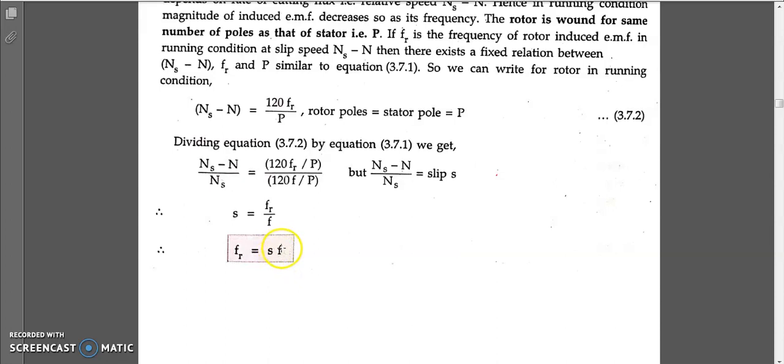Okay, s multiplied by stator frequency. And just remember, we know that slip value is equal to 1 during standstill, so if I substitute s equal to 1, then what happens, the rotor frequency will be equal to the stator frequency. That happens only when your motor is at the standstill.